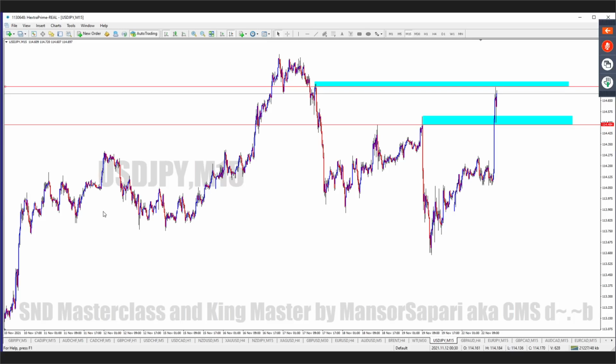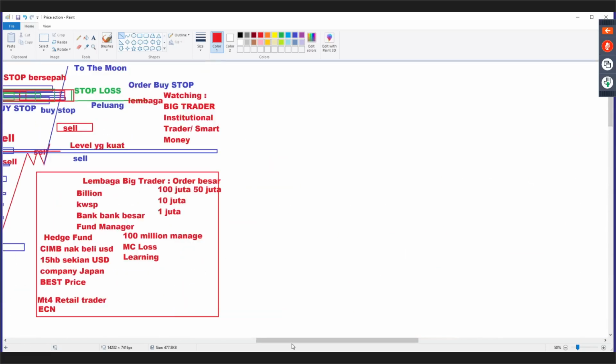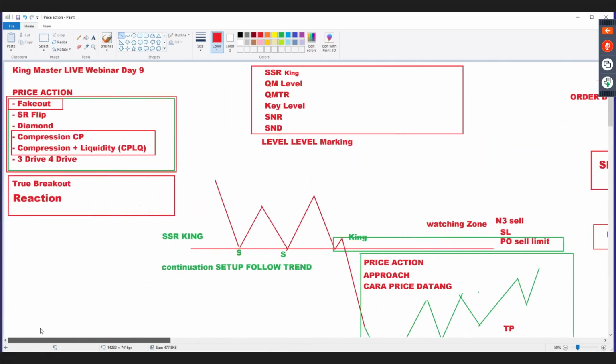If there is no question, then we should finish our lecture today, and we will continue next week. We will learn a very good price action, one of my favorites, what we call the SR flip and the diamond.